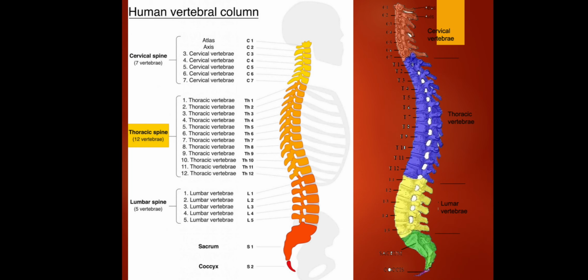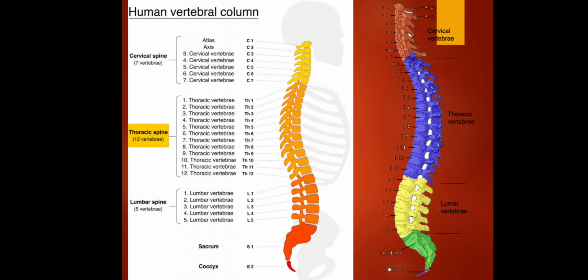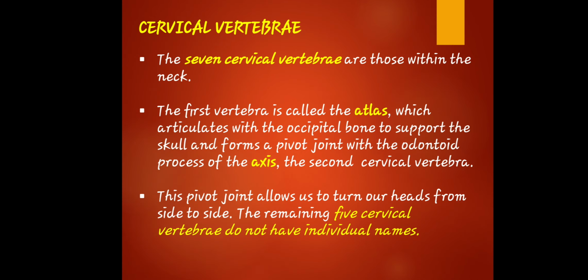Another picture, another representation that can give us the location of the vertebral column. So this is for the human vertebral column. We have 7, 12, 5, and 5, 4, and 3. Okay, so that is for each type of vertebral column.